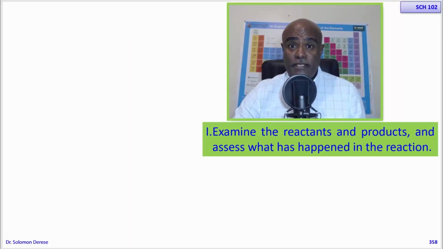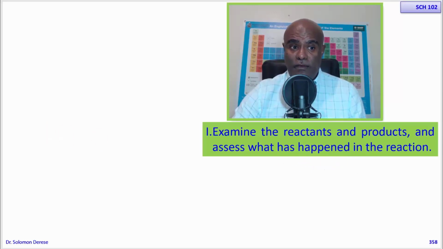So the first step in a reaction mechanism is the examination of the reactants and products, so that you can tell what happened to the reactants as the products are formed. Step 1 is examining the reactants and products and assessing what happened in the course of the reaction.